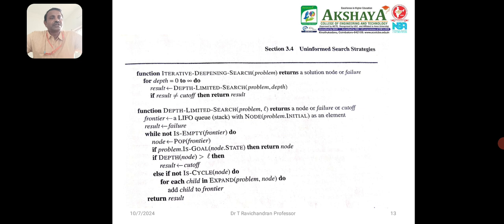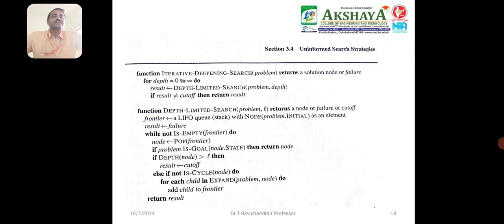If the result is a solution or goal node it is returned, otherwise failure is returned. A for loop assigns depth from 0 to infinity, going one level deeper each time. To reach the result, the depth limited search problem returns cutoff.